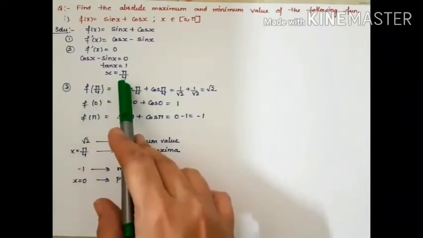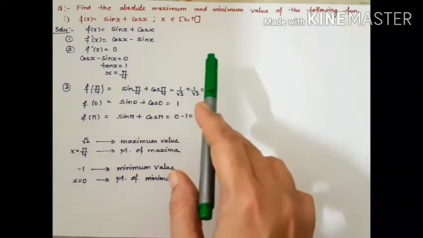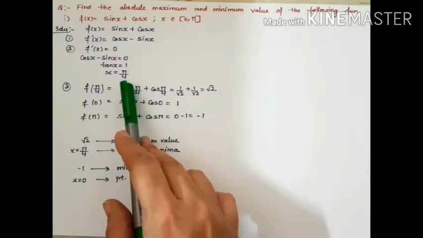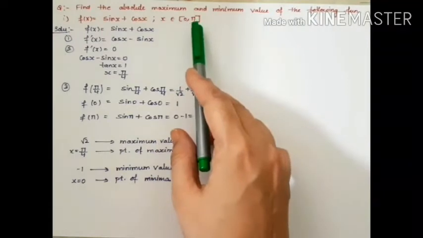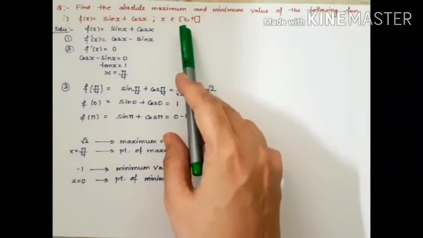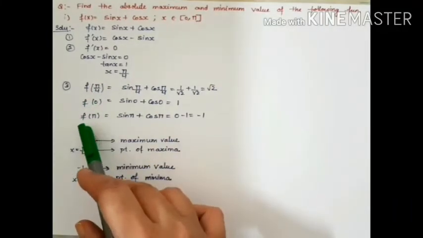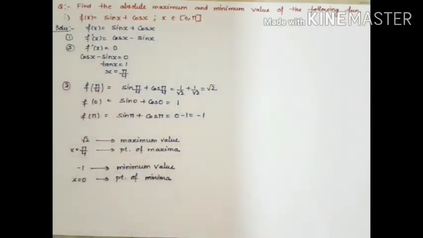So how do we find the absolute maximum or minimum value? We put the values of the critical point as well as the extreme points of the interval, which in this case will be 0 and pi. So we will put all these 3 values in our given function f of x.